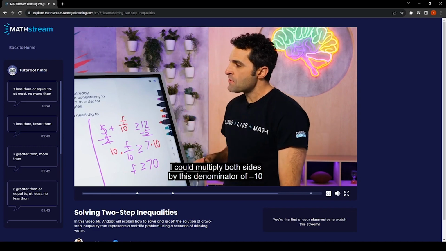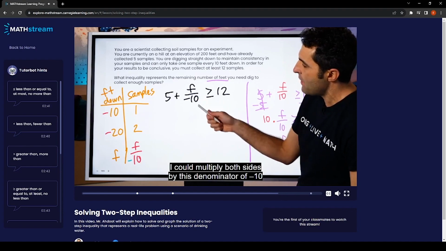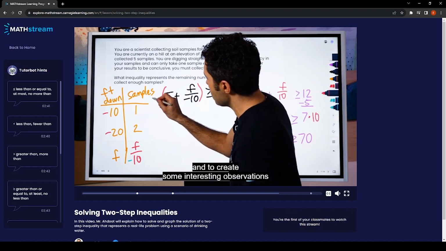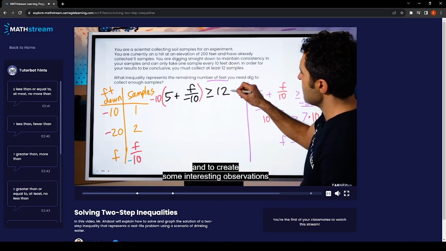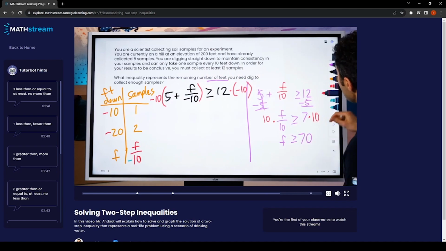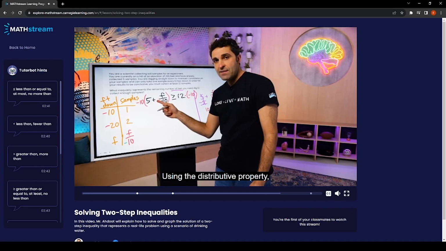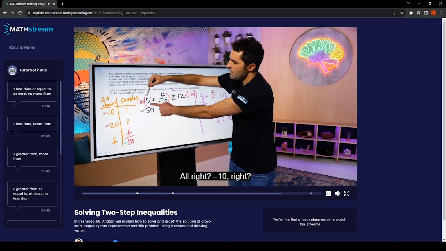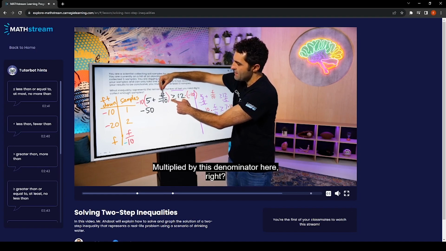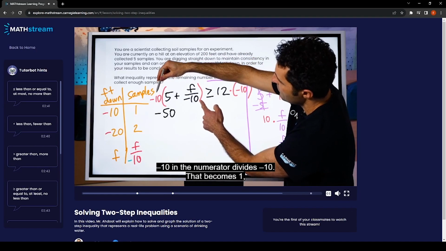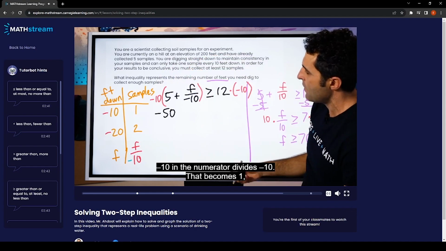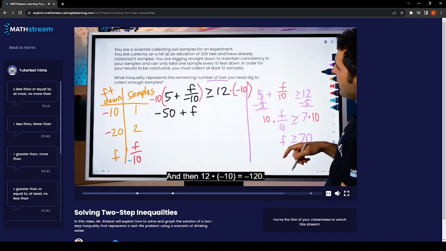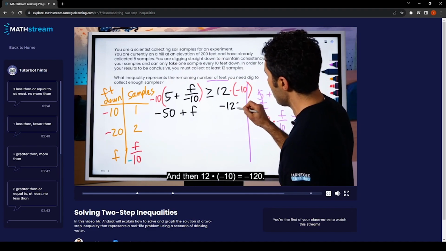I could multiply both sides by this denominator of negative 10 in order to simplify the problem and to create some interesting observations, and times negative 10. Using the distributive property, negative 10 times 5 is negative 50. Negative 10 in the numerator divides negative 10, that becomes 1, and that leaves just F. And then 12 times negative 10 is negative 120.